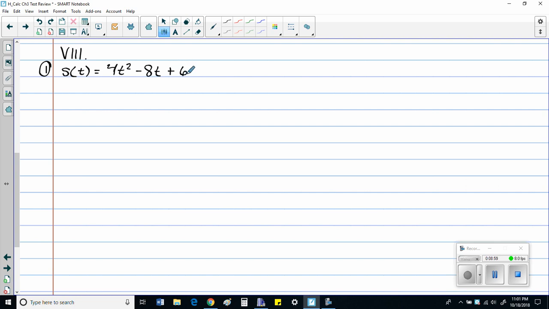So we're going to go with plus 6. Okay, so v of t is easy. It's just the derivative of the position. So v of t equals 8t minus 8. And then a of t is just the derivative of that. So we just get 8.